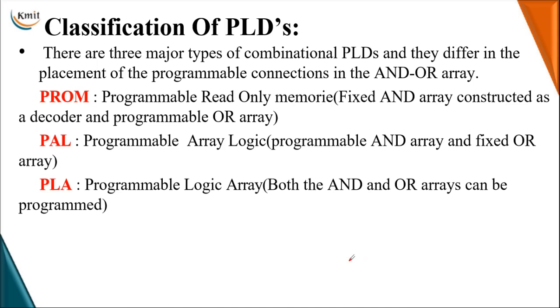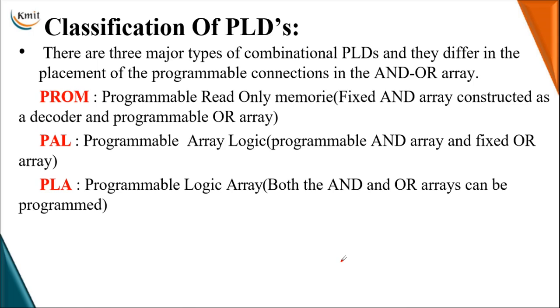As we discussed in the last class, only once it is programmed, so that is a programmable read-only memory. Here the AND gates are fixed, so we have the minterms using the decoder in the programmable read-only memory, and only the OR array is programmable.